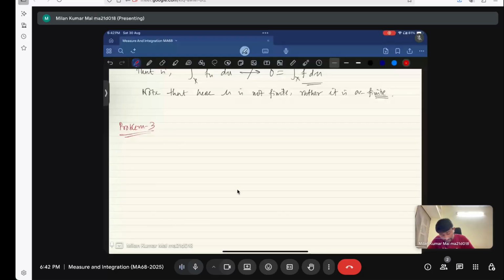So let f from R to R, a real valued function defined on the real line, be integrable. Let t belonging to R be fixed.